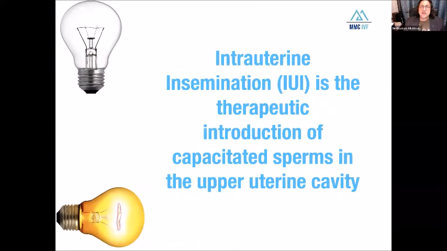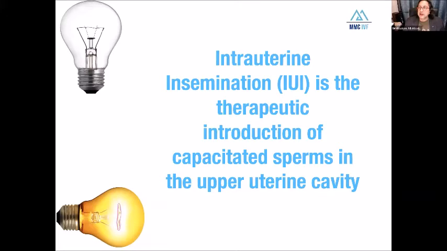So what is intrauterine insemination? Intrauterine insemination, or IUI, is actually one of the commonest first-line treatments for fertility management across the globe. A survey done in 2017-18 in India said that over 10 million IUIs were done only on the Indian subcontinent. So it's very, very common.